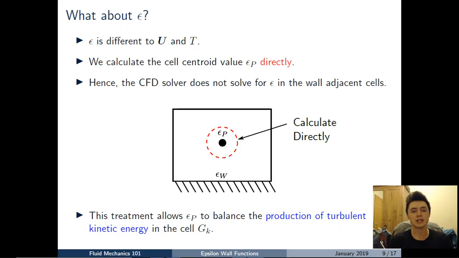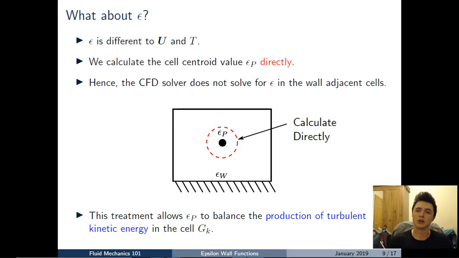The reason that we take this approach with epsilon is that epsilon, the turbulent dissipation rate in that wall adjacent cell, needs to balance the production of turbulent kinetic energy in the cell. The production of turbulent kinetic energy is a source term that you see on the right hand side of the turbulent kinetic energy equation, and similarly to all source terms, it is evaluated over a volume or over a cell.